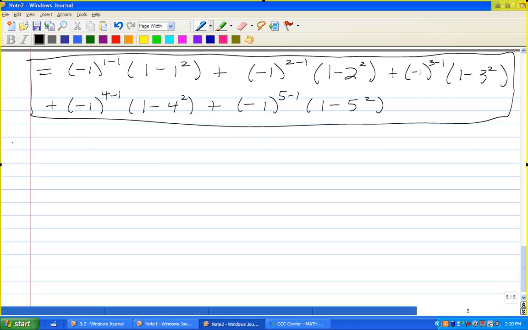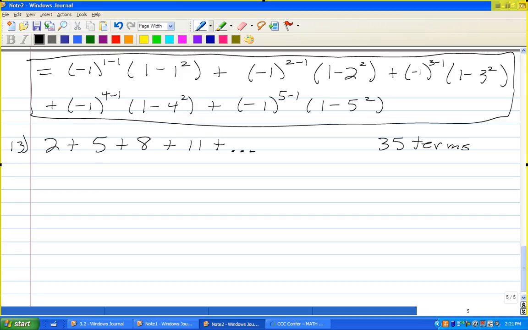13. 2 plus 5 plus 8 plus 11 plus, and keep going. And we want to have 35 terms.